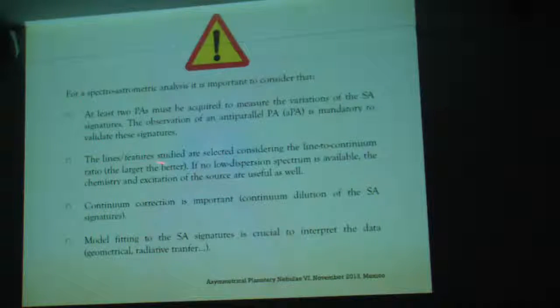The lines or features that we aim to study will be selected considering the line to continuum ratio. If you have a low resolution spectrum, it's really good because you can see which lines or features are the most suitable for your study. If no low resolution spectra are available, you can use the chemistry or other things.